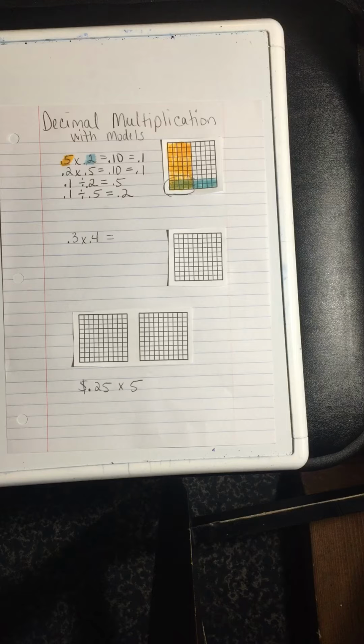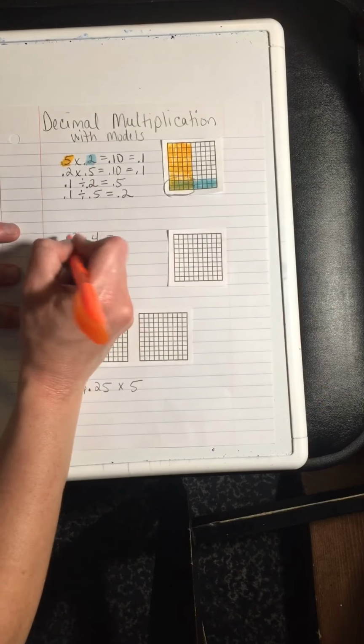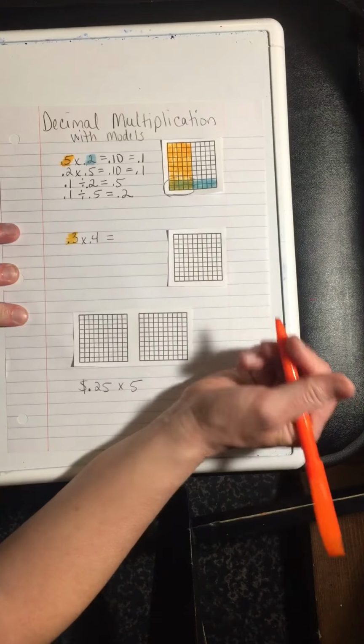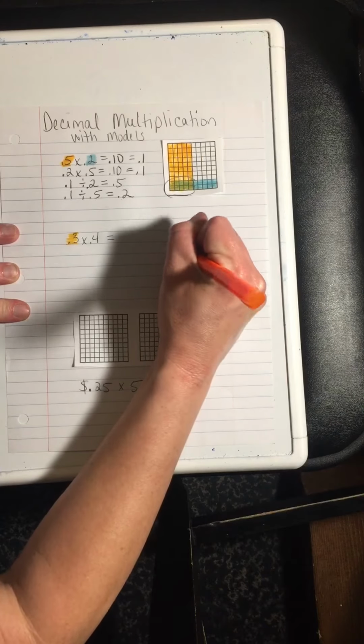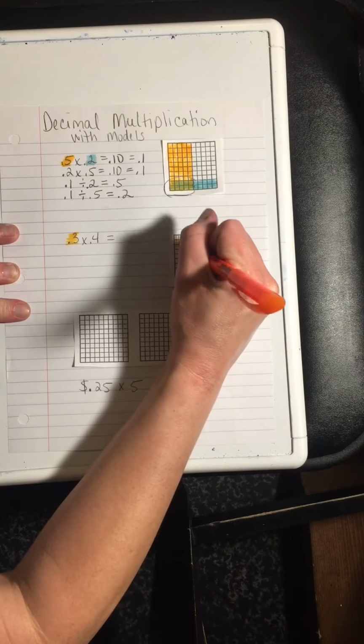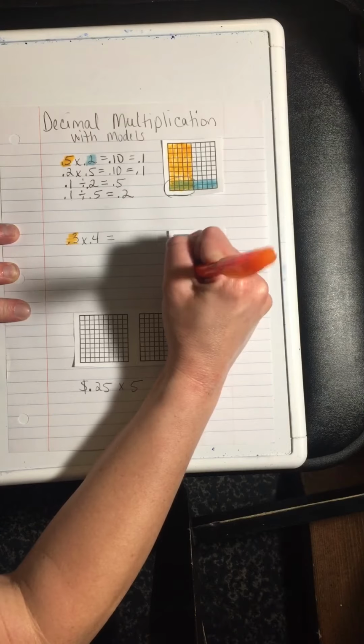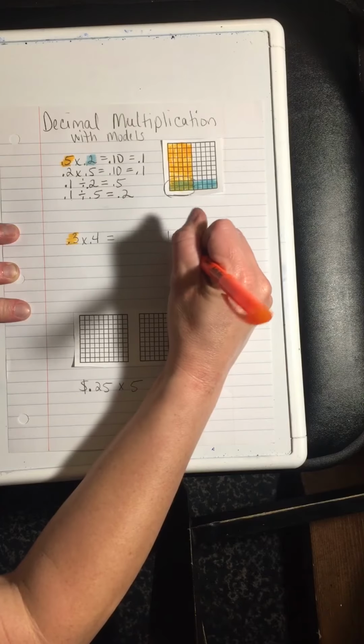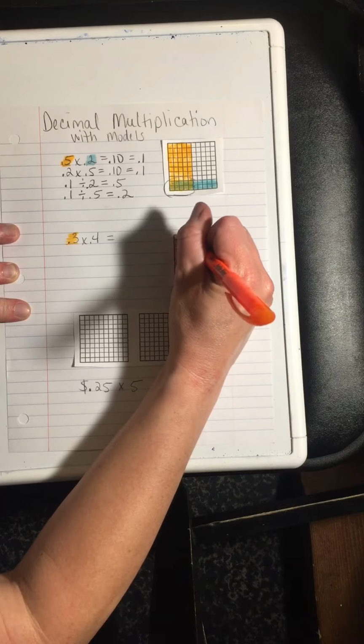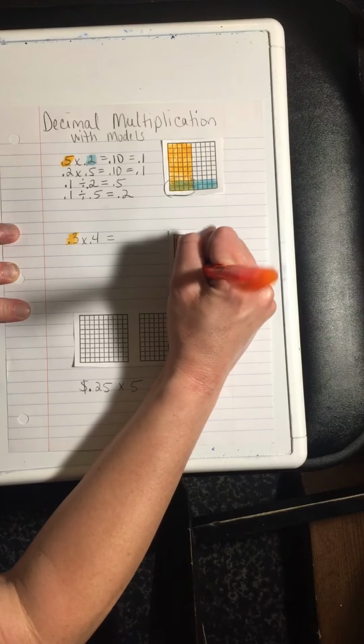All right, so now let's work through the next problem together. So we have 3/10 times 4/10. We're going to vertically color our 3/10. So we have 1, 2, 3. I'm going to color these in. Remember, how many cents would this be?